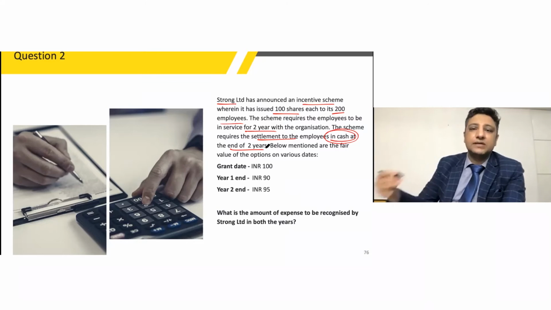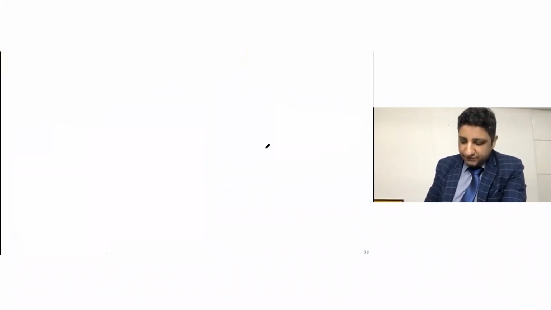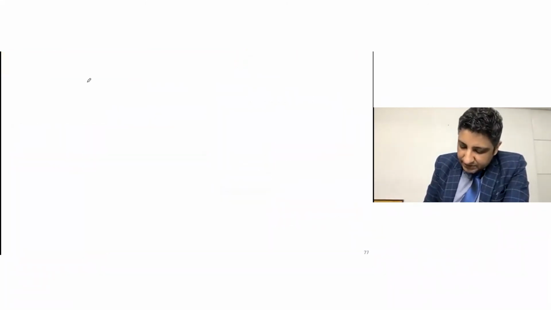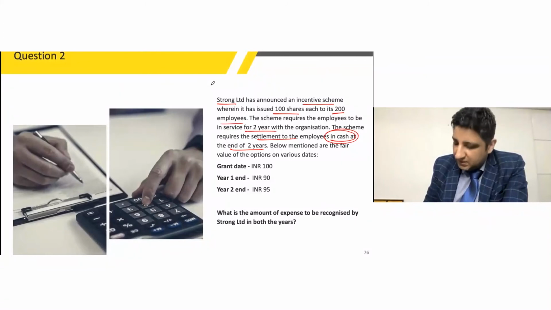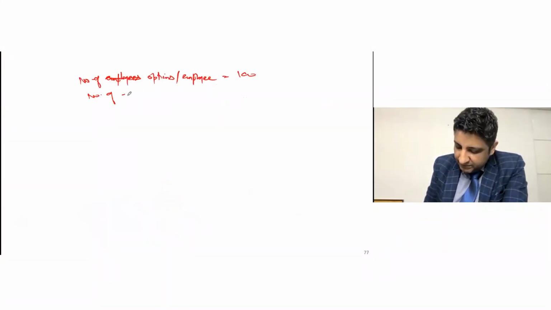Again, we follow the stepwise approach. We look at, of course, what number of options per employee is provided to us, which is 100. Let's even look at the number of employees, which is 200.